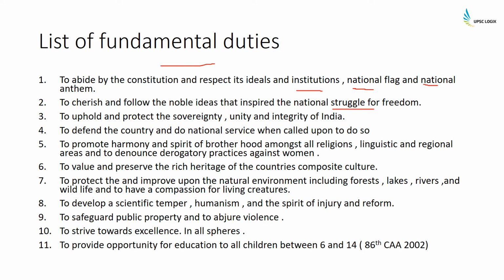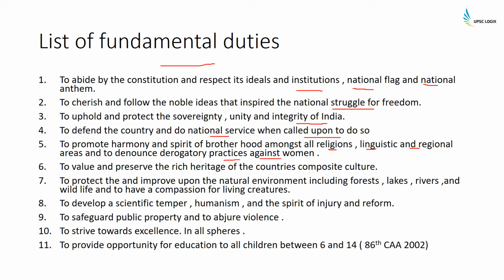To uphold and protect the sovereignty, unity, and integrity of India. Number 4. To defend the country and render national service when called upon to do so. Number 5. To promote harmony and the spirit of common brotherhood amongst all religious, linguistic, and regional groups, and to renounce derogatory practices against women.